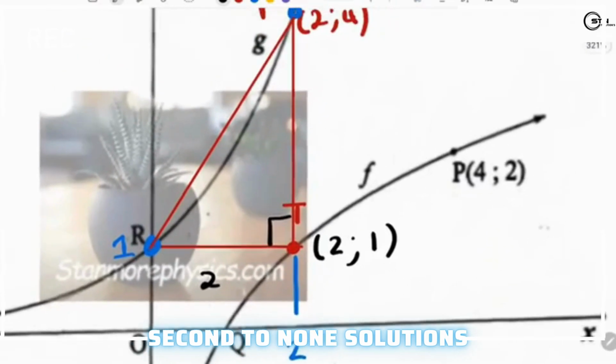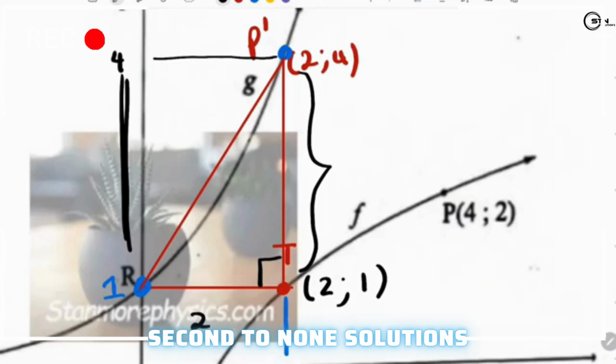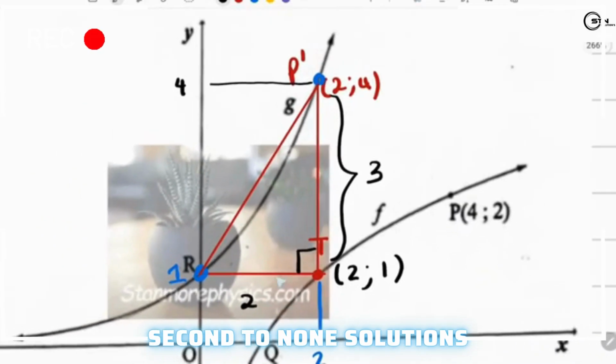And then the y, we can also find that easily by saying, since this is a vertical line and this y value is 4 and this y value is 1, then just say the difference would be your height, meaning just say 4 minus 1, and that gives you that distance over there, and that's going to be 3 units. So there, our base is 2, our height is 3.